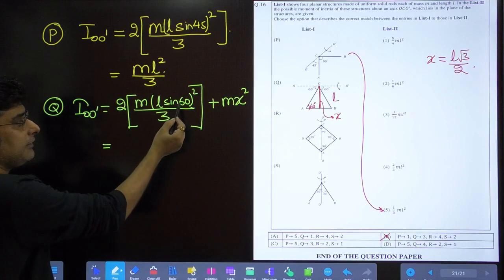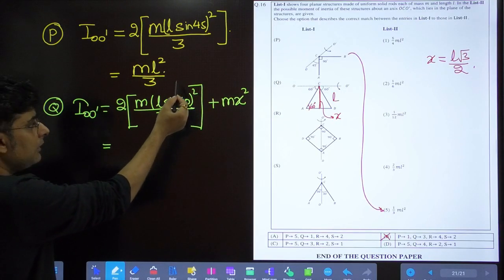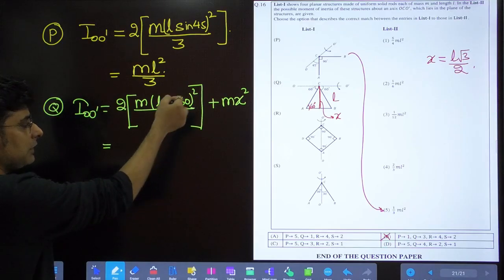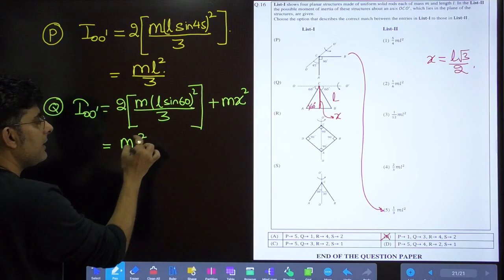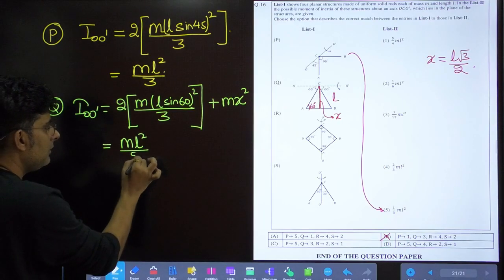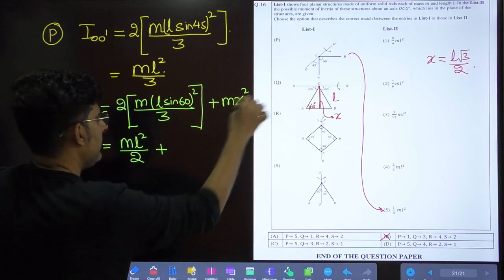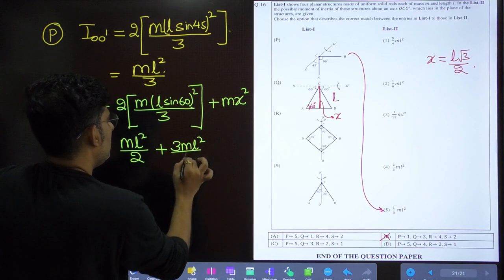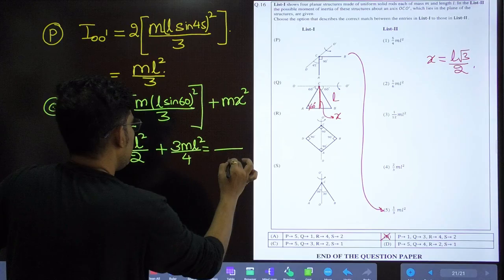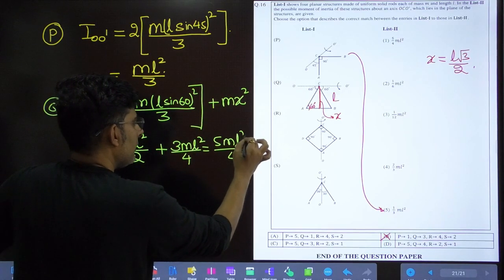First of all, sin 60 is root 3 by 2. So when you square it, it will become 3 by 4. 3 cancels. So ml square 4 by 2 will become 2. Now from here mx square, x square will become 3 ml square by 4. So if I take the LCM as 4, 2 plus 3, 5 ml square by 4.